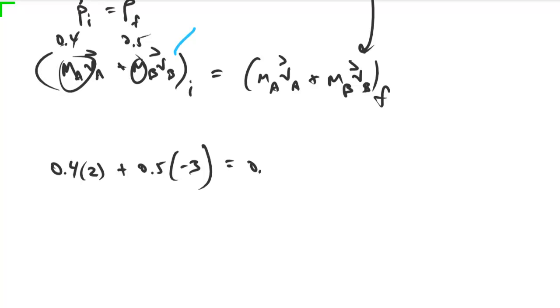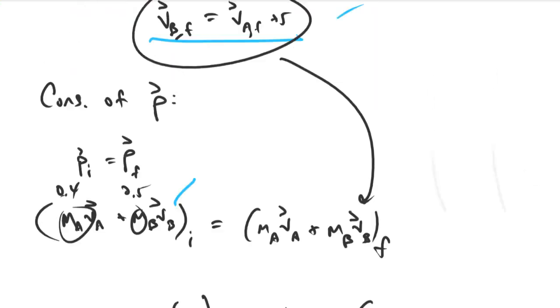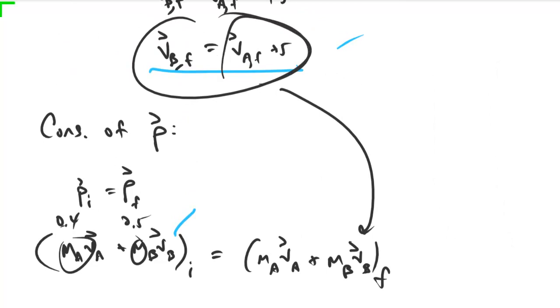is equal to 0.4 VA final plus 0.5 times VB final, but VB final was VA final plus 5.